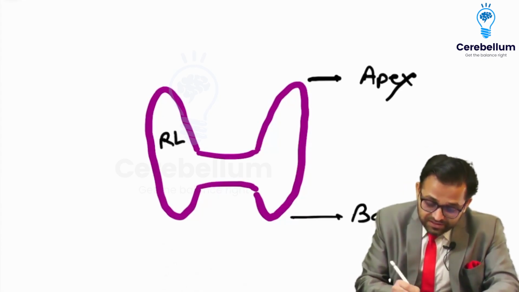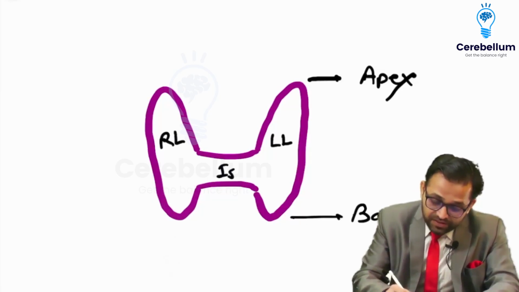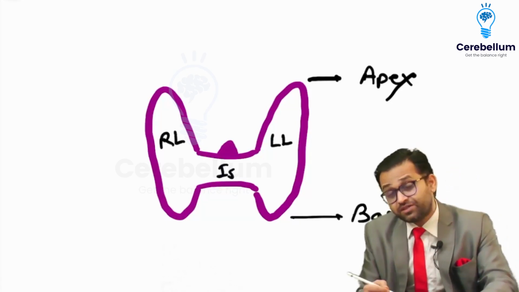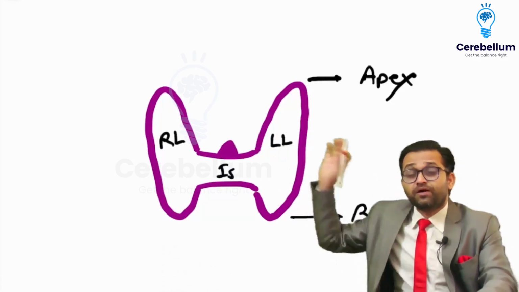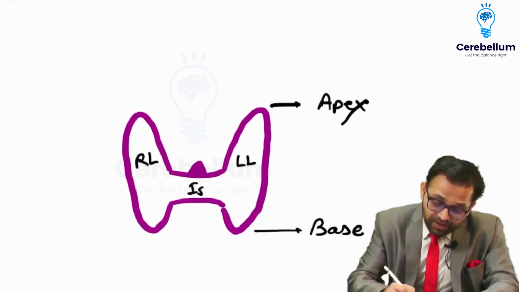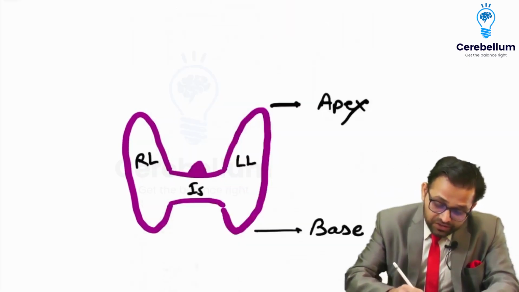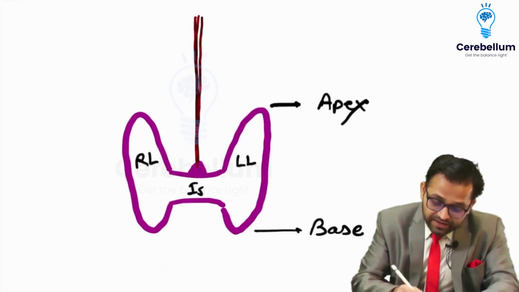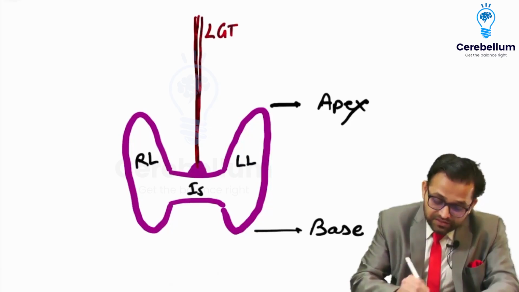Here is the right lobe, here is the left lobe, and this narrow part is the isthmus. Remember, there is a small pyramidal lobe just above the isthmus. It may be present or may not be present. So this is the pyramidal lobe. This is attached with the fibromuscular band which is known as levator glanduli thyroidi.